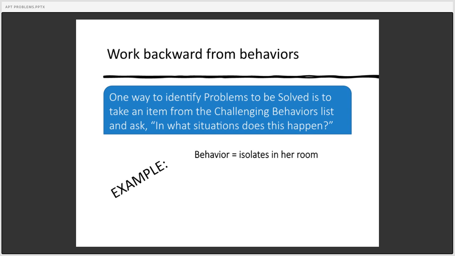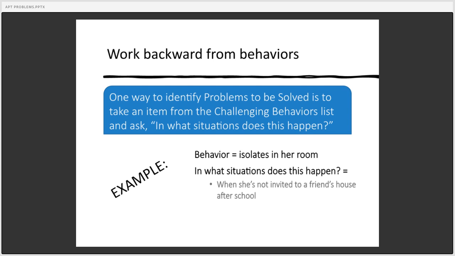If the behavior on the behavior list is she isolates in her room, then I want to ask, in what situations is she isolating in her room? When does this happen, right? And so maybe we can understand that when she's not invited to a friend's house after school, she'll come home and isolate in her room. Or when the family's having a game night, she'll isolate in her room rather than joining in.